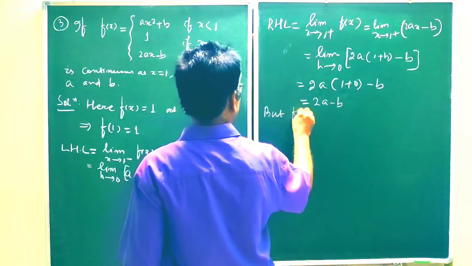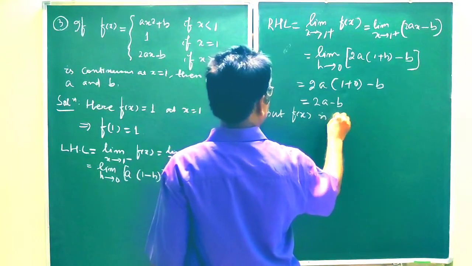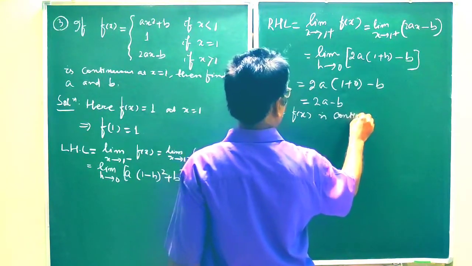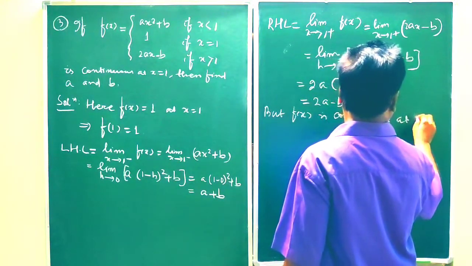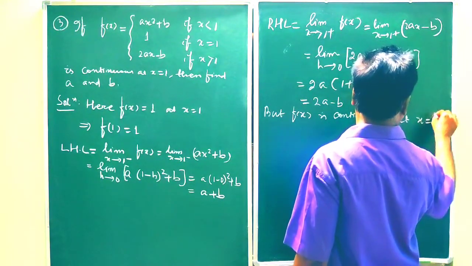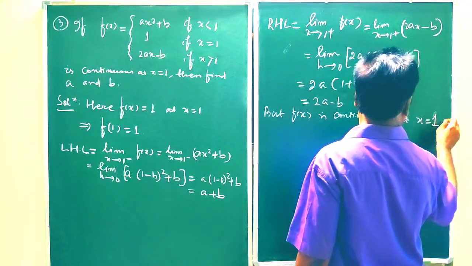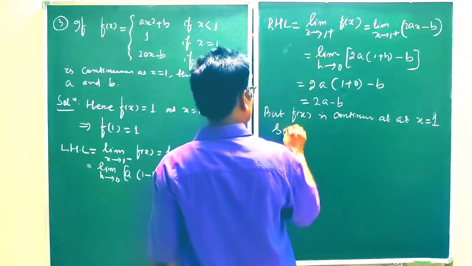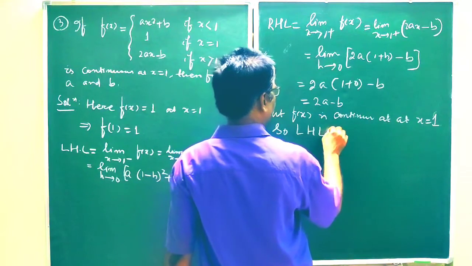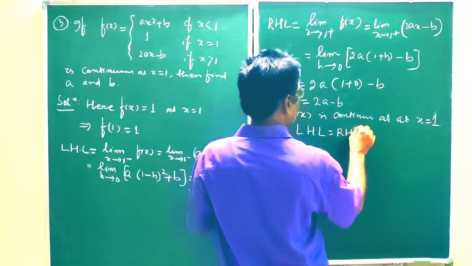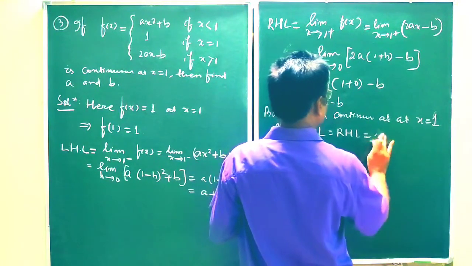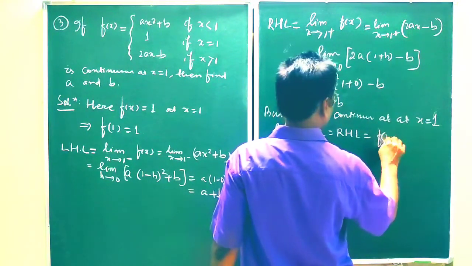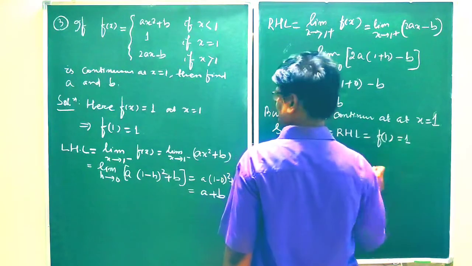But f of x is continuous at x is equal to 1. So left hand limit is equal to right hand limit is equal to the functional value f of 1, which is equal to 1.